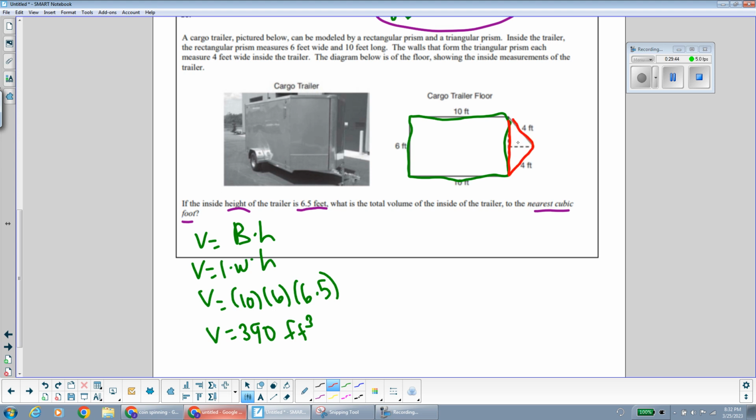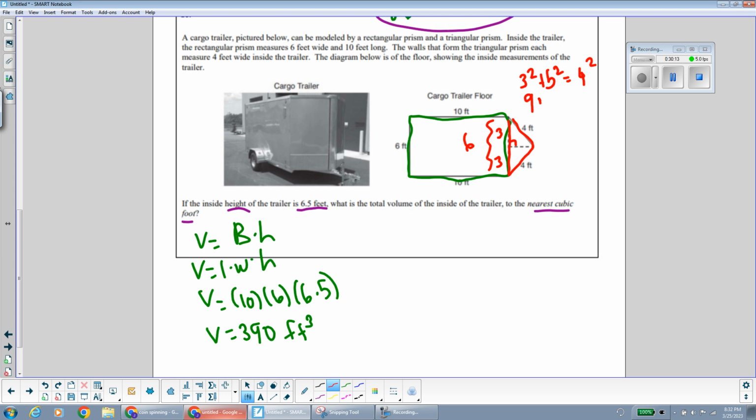Now we just need to find the volume of the triangular prism part. So we don't have the height, but luckily we know that this is 6, so 3 and 3. Let's find the height. Let me use my Pythagorean theorem. 3 squared plus b squared equals 4 squared.